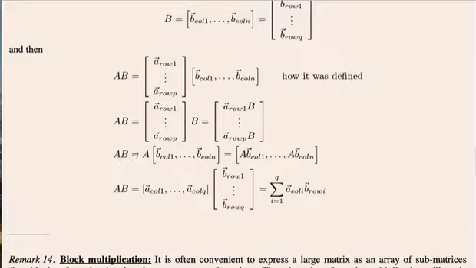We can also look at this as A times B being A multiplying the row vector of the columns of B, and then multiply through with A, entry by entry, to get the result. Or multiply the row vector of the column vectors of A with the column vector of the row vectors of B.